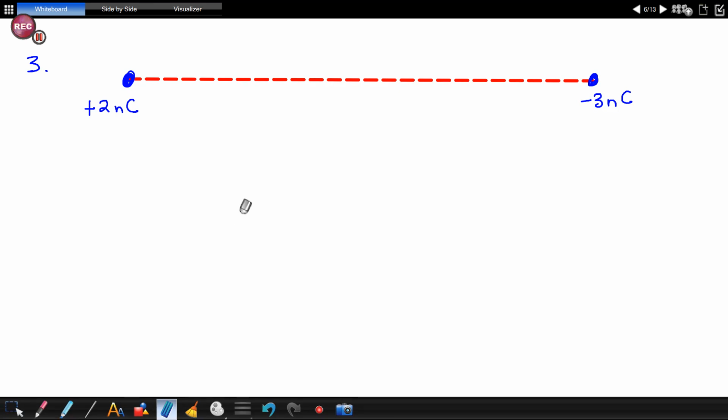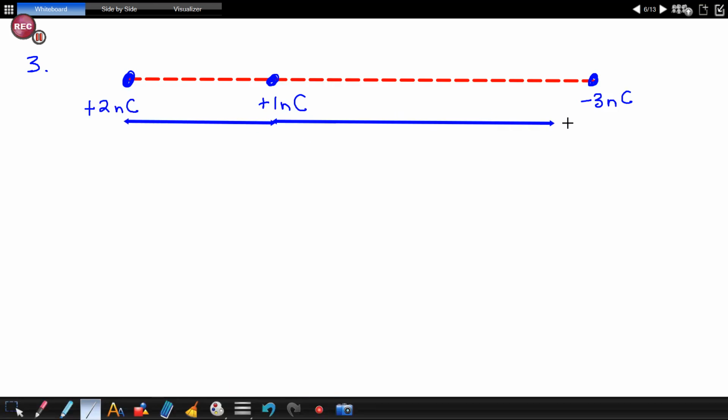Q1 and Q2 is 2 centimeters apart, and Q2 and Q3 is 4 centimeters apart. So here somewhere is Q2, which is a plus 1 nanocoulomb. And the distance between those is 2 centimeters, and the distance between those two is 4 centimeters.